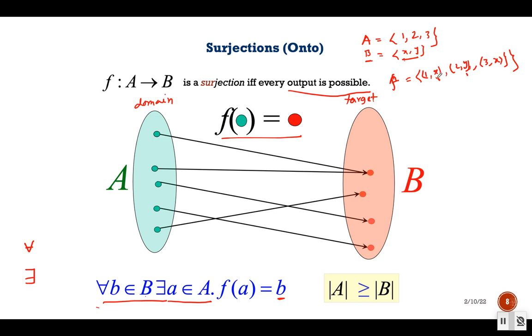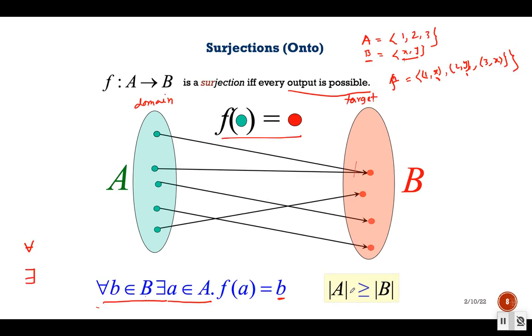For x there are inputs 1 and 3. If for every output there is at least one input possible, it's a surjection. So the number of elements in the set B will be less than or equal to the number of elements in the set A.